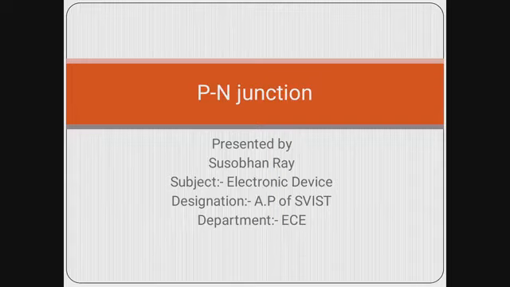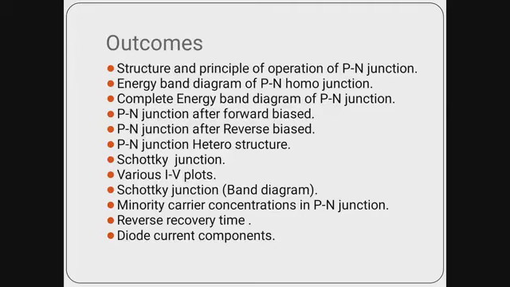Now I am discussing the module PN junction of solid state device. These are the outcomes I have discussed in this lecture: structure and principles of PN junction diodes and their operations, energy band diagram of PN junction diodes, and the basic operations of PN junction diode in forward and reverse mode.